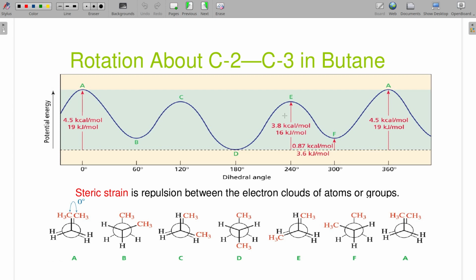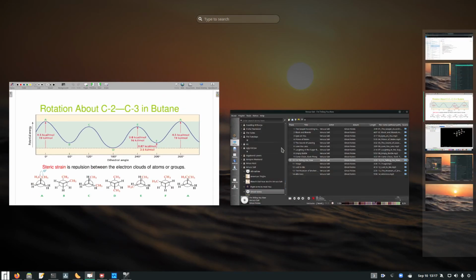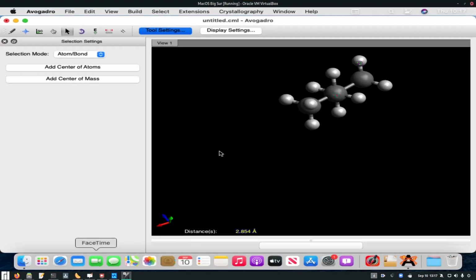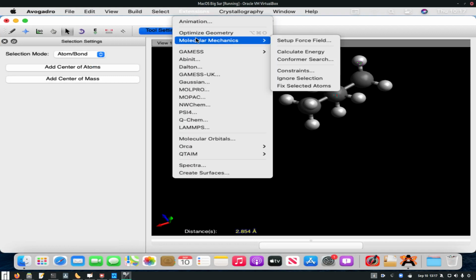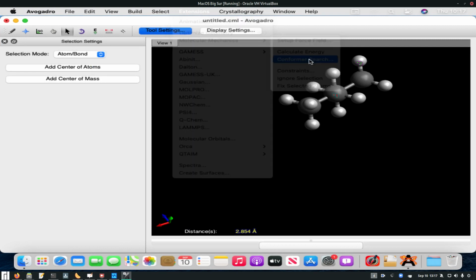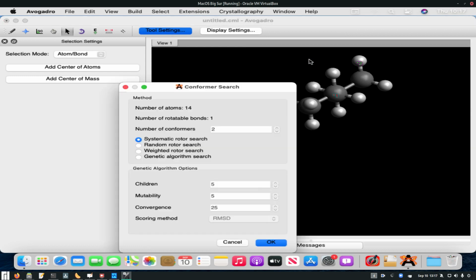Well, and that's what we're seeing here. Matter of fact, something that's kind of neat that Avogadro will do. Under the Molecular Mechanics tab, there is a button called Conformer Search. Now, it won't find all of our conformers, but I'm going to hit this so you can see what it's doing.